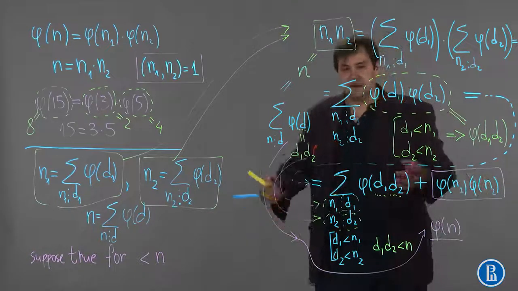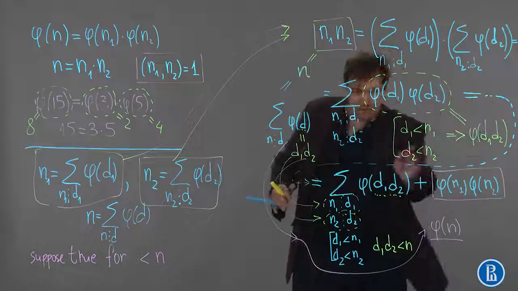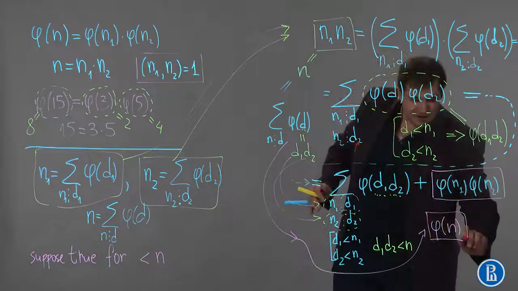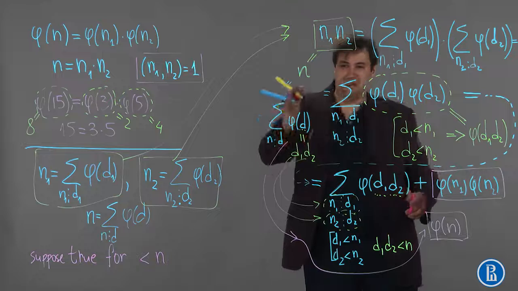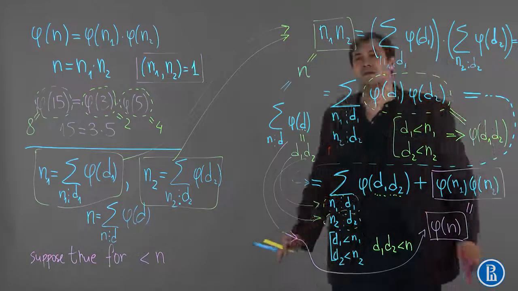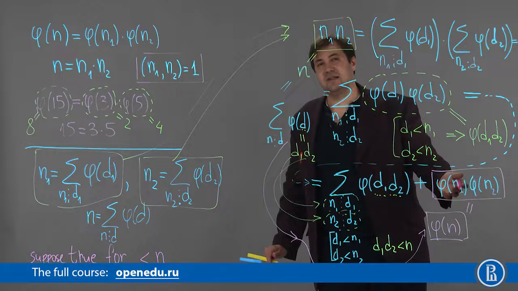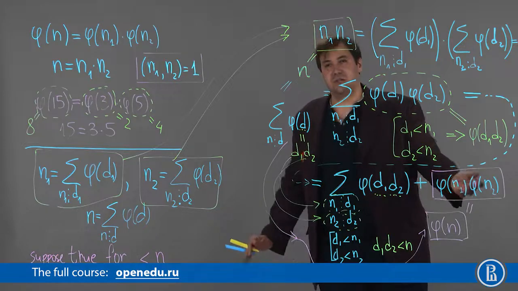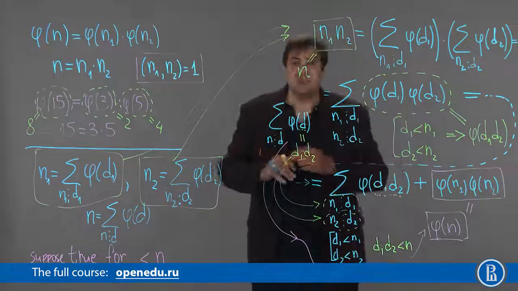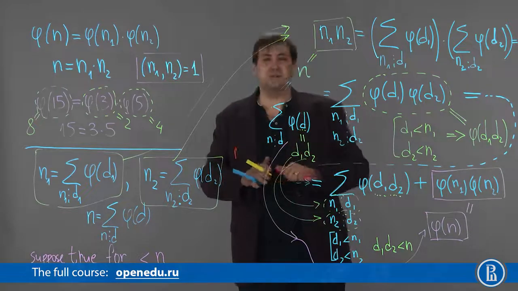But since they are equal, it follows that the number that was left on the left-hand side is equal to the number that was left on the right-hand side, which proves that Euler's function is multiplicative.